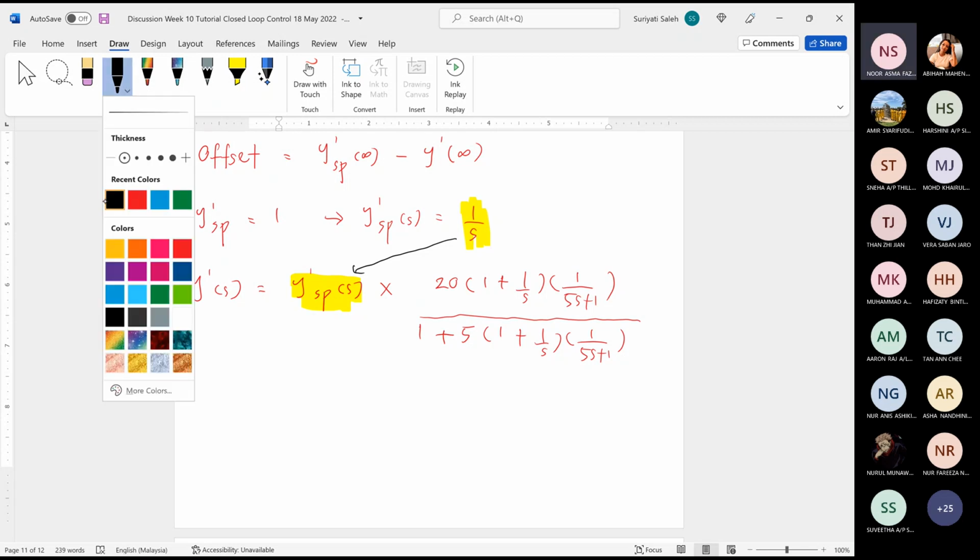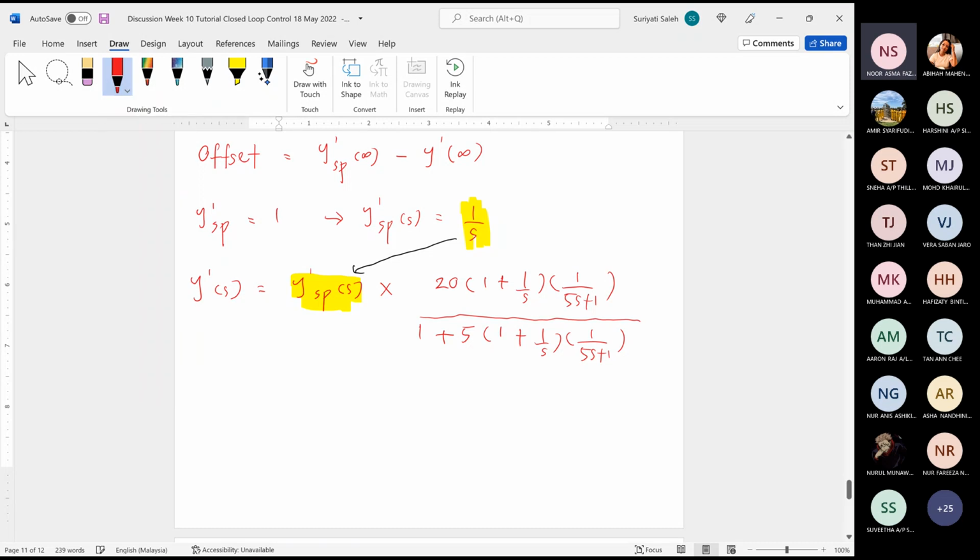In order to go from y prime S to y prime infinity, we use the final value theorem. For the final value theorem, when we want to find y prime infinity, the limit is S becomes 0.